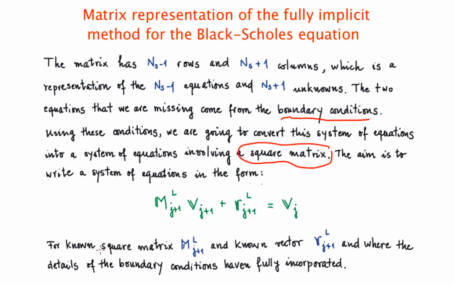So from a non-square matrix and a vector where all the details of the boundary conditions were included, principally here but also possibly in this matrix M.